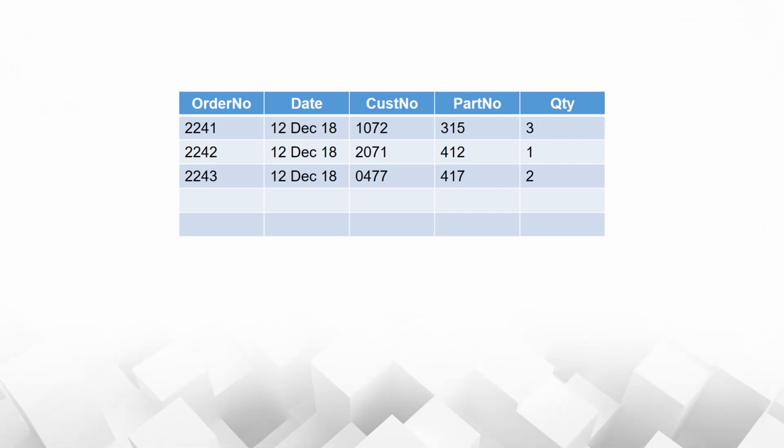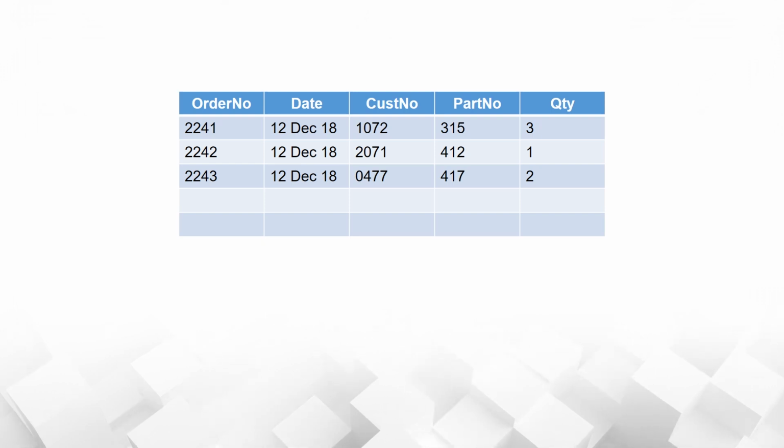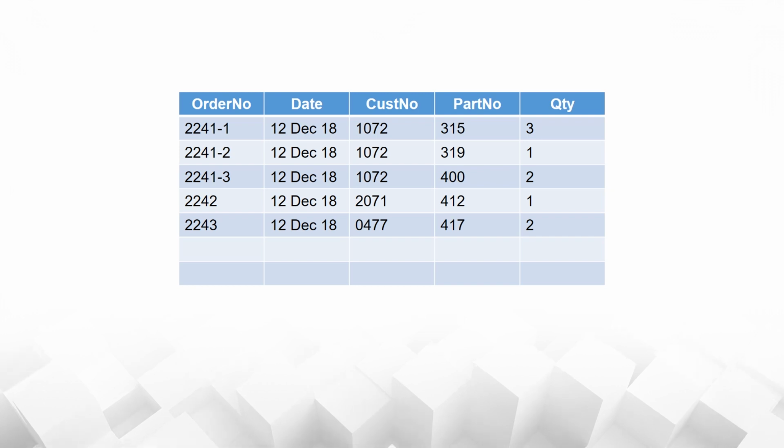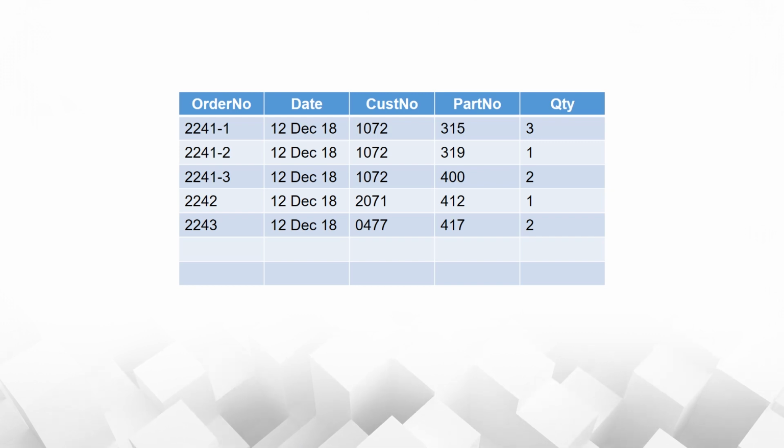So if my customer comes into the shop not to buy, as my first customer here did, one part 315 and buy 3 of them, but he wants to buy multiple things, we have to find some way to represent that. Now, one possibility would be to change our orders table so that the records do not represent an order as a whole, but they represent a single line from an order.